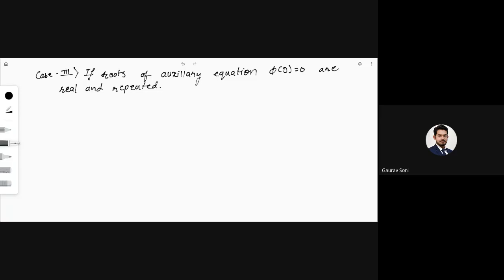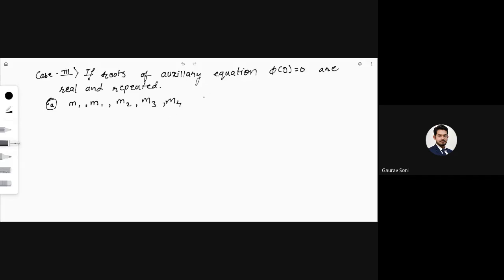In that case, I will make a sub case 1 here, just for a better understanding. So if the roots are like this, say m1, comma, m1, m2, m3, m4.